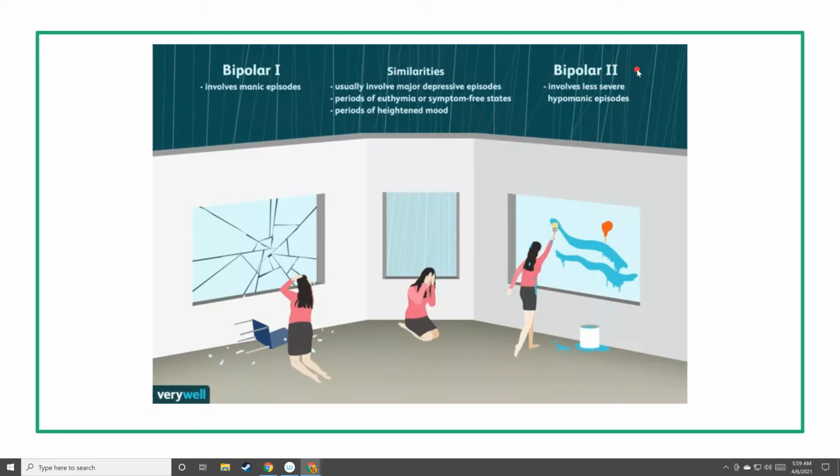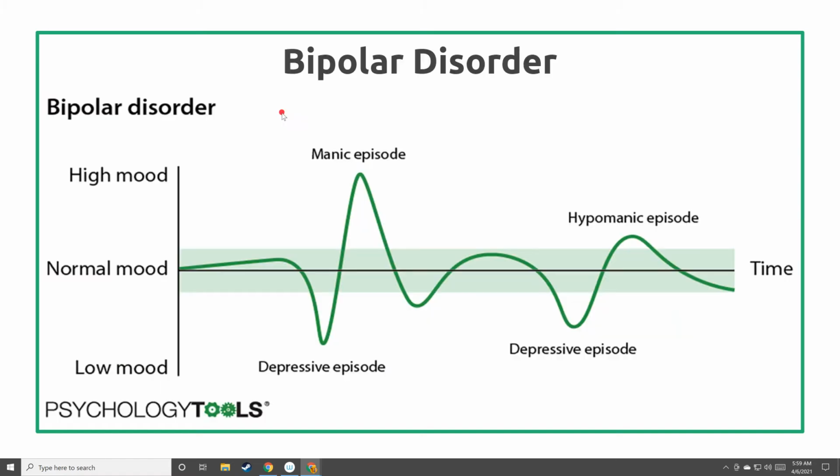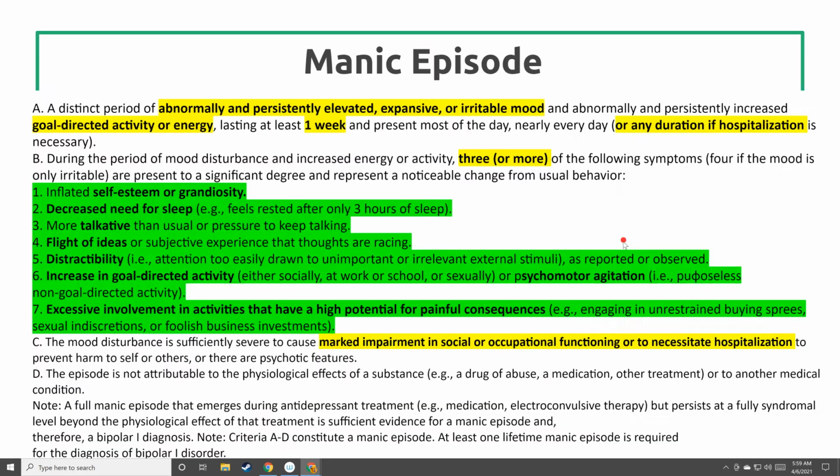Again, both very difficult, but manic episodes creating a diagnosis of bipolar I and being more severe. Now notice, you might think that bipolar always has manic and depressive episodes, and yes, it usually does. But the diagnosis you're going to see is going to hinge on whether they have a manic episode or a hypomanic. So let's get into what these are.